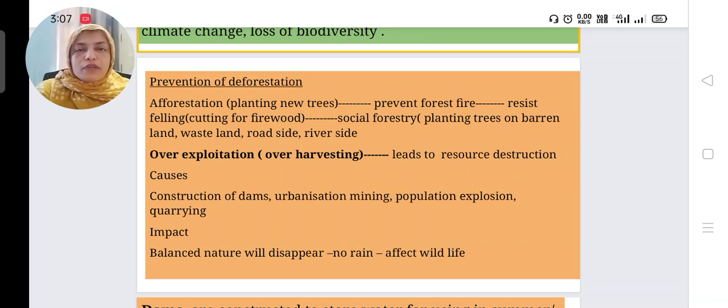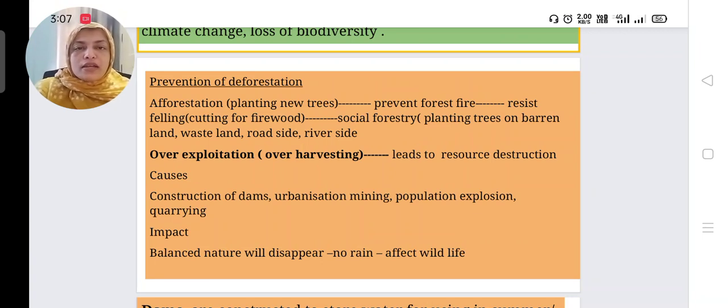There are different measures to control deforestation. First one is afforestation. Afforestation is the opposite of deforestation. Afforestation means planting new trees. Then prevent forest fire. Resist felling.